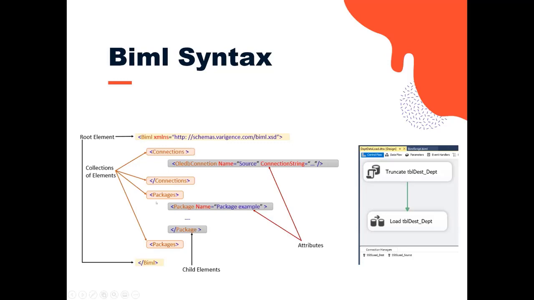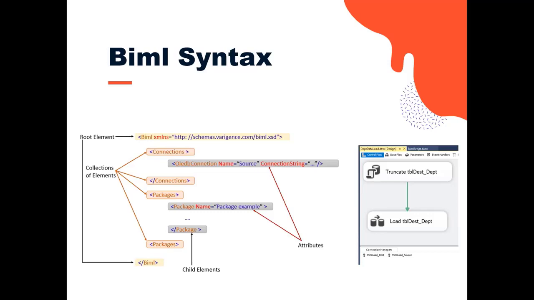And then move on to the individual elements, which can also be a package, database, tables, and schemas. Here you can see individual elements. In this example, there is an OLEDB connection and there is a single package.